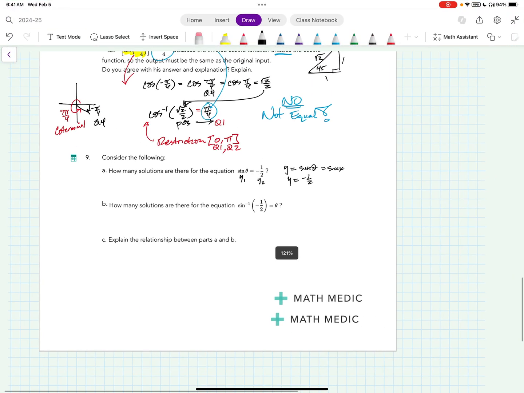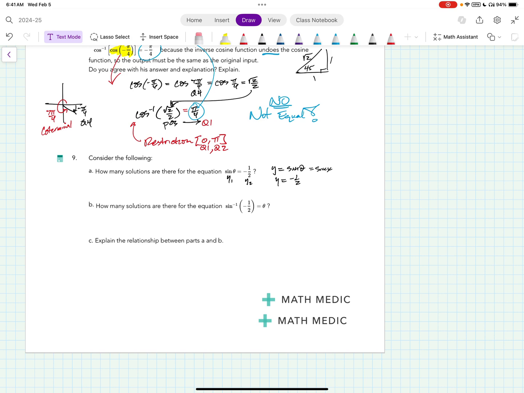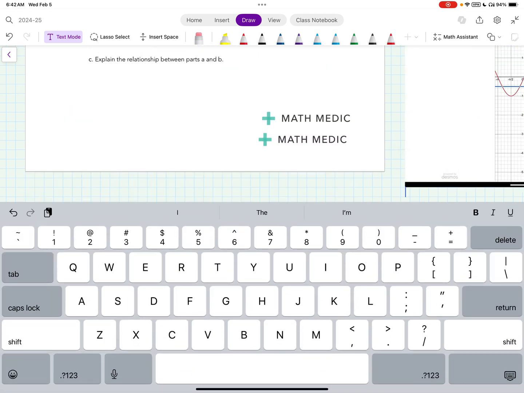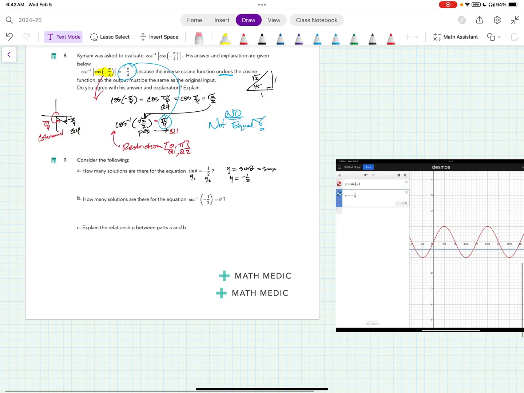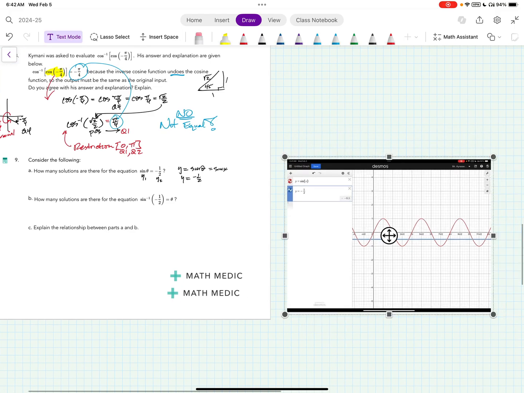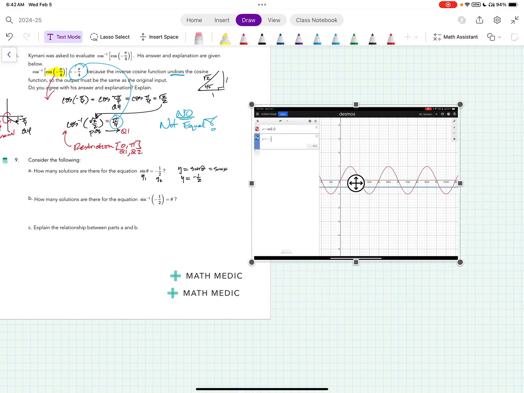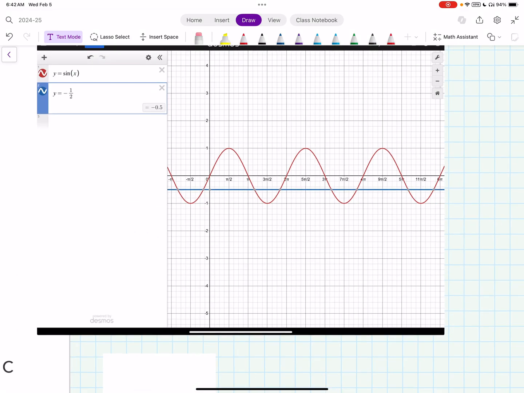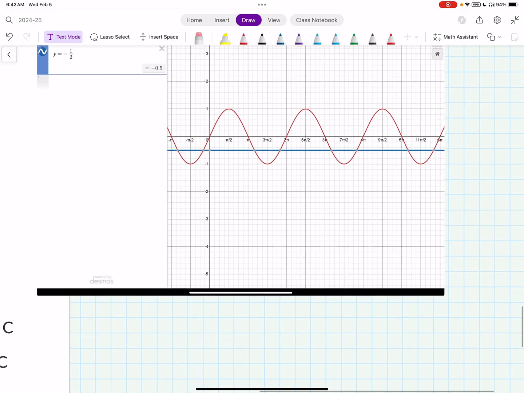So this blue line here is y equals negative 1/2. The red curve here is your sine function, sine x, and the intersection points are the solutions.